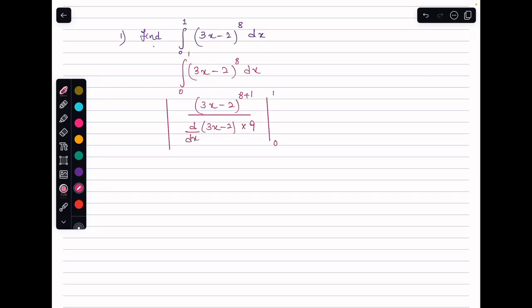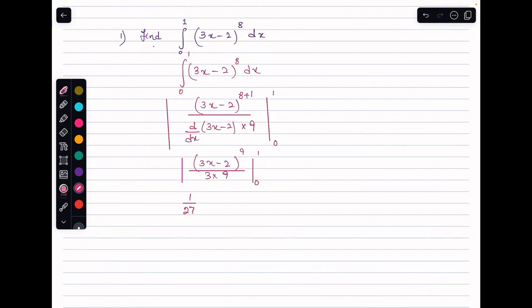So solving it further, I can say that this is going to be (3x minus 2) to the power 9 divided by 3 times 9, and the limits are from 0 till 1. So no c. We can see that there is no constant added over here. So here I can say that 3 times 9 is 27.